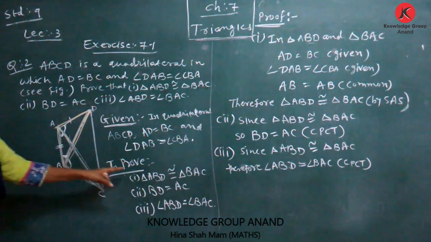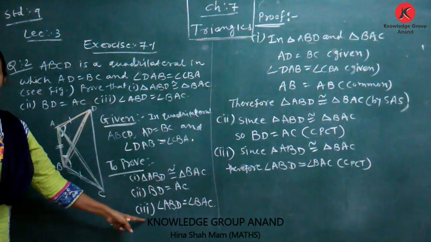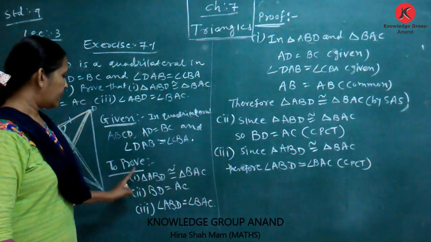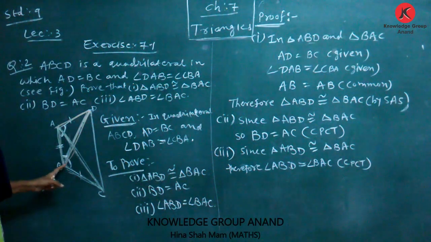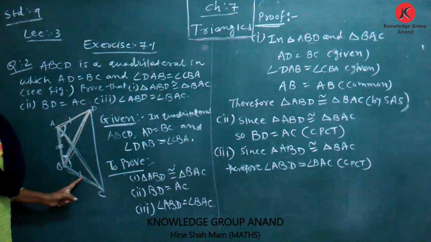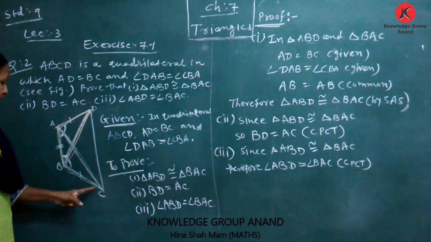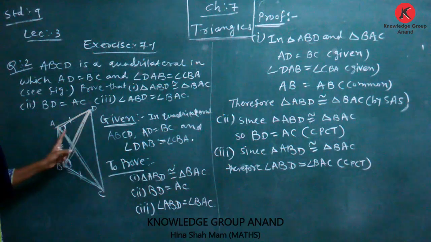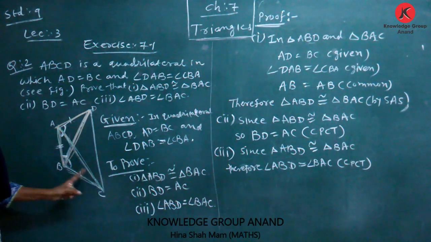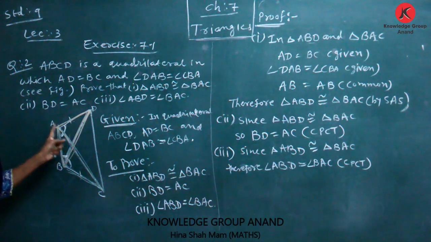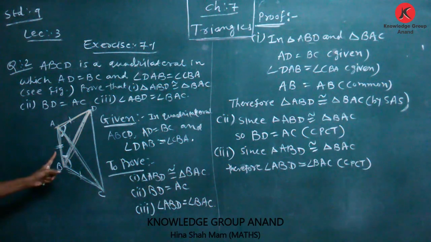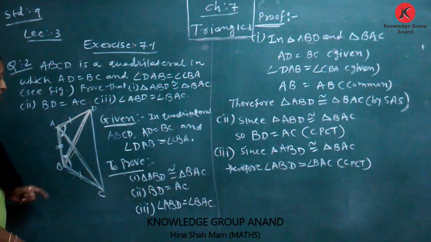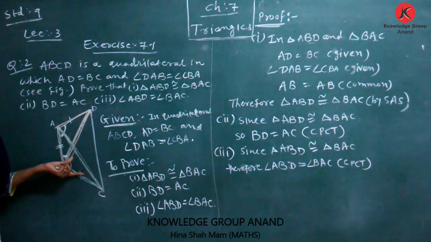To prove these three results, number 1: in triangle ABD and triangle BAC, AD is equal to BC, angle DAB is equal to angle CBA, given, and AB is equal to AB, which is common. Therefore, by SAS, these two triangles are congruent.